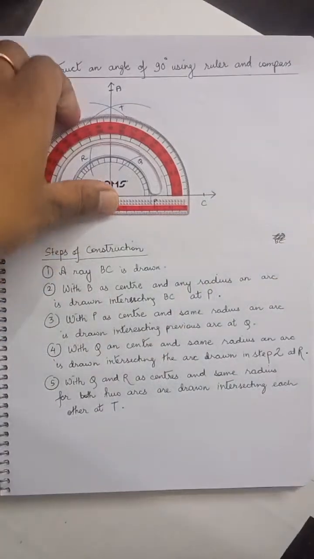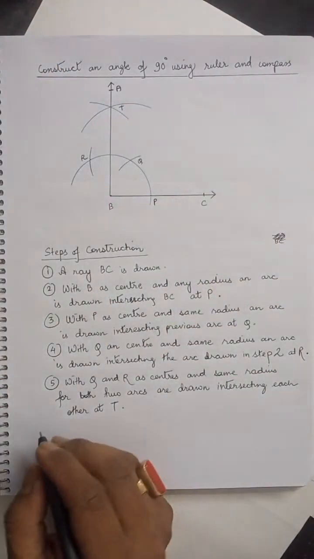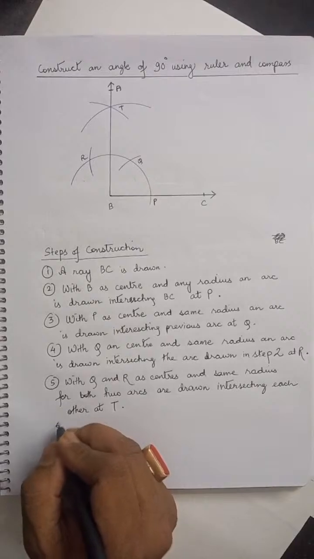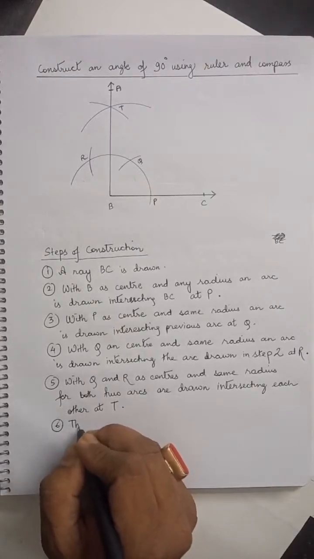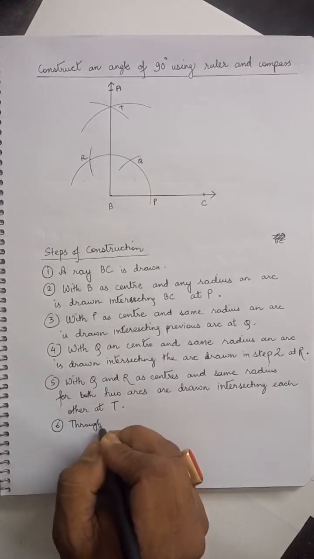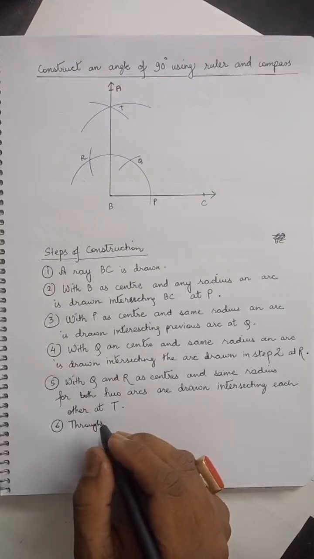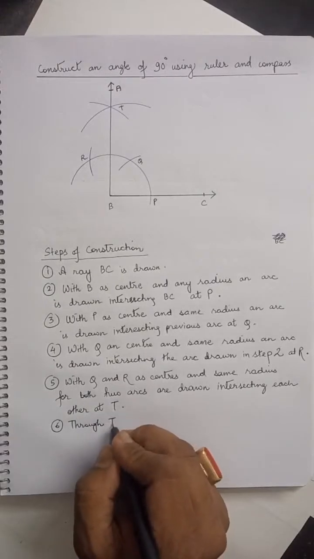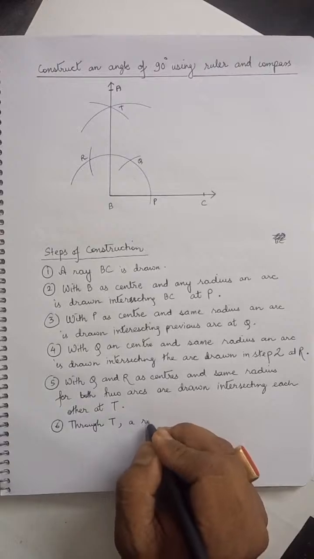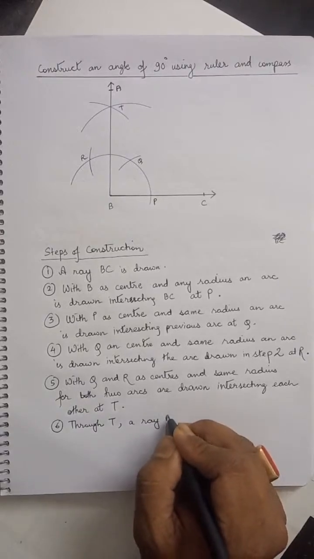So we'll write: through T, a ray BA is drawn.